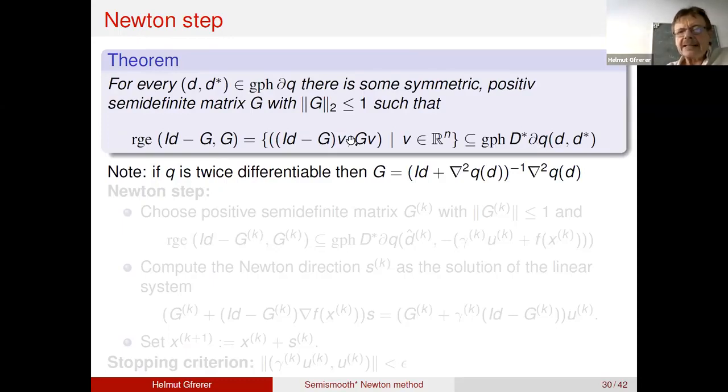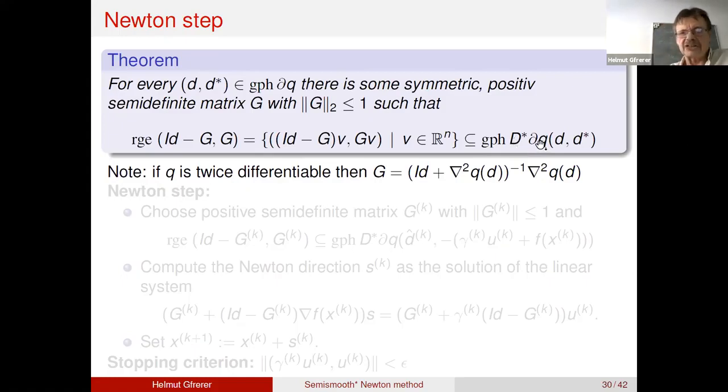There exists always a symmetric positive semidefinite matrix G having norm of G less or equal 1, such that the range of identity minus G and G, this subspace, is contained in the graph of the coderivative of the subdifferential mapping.